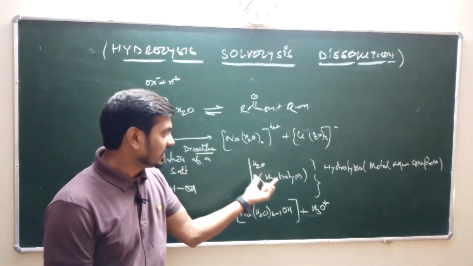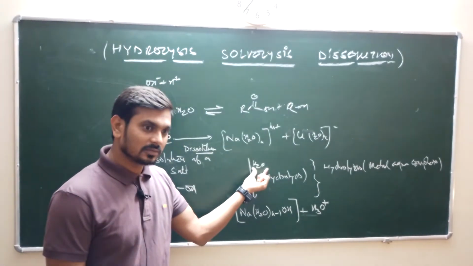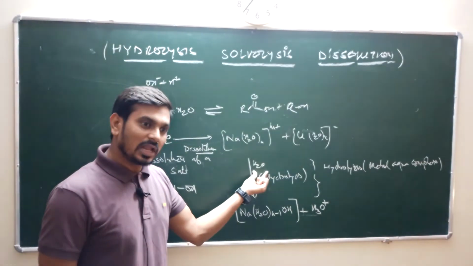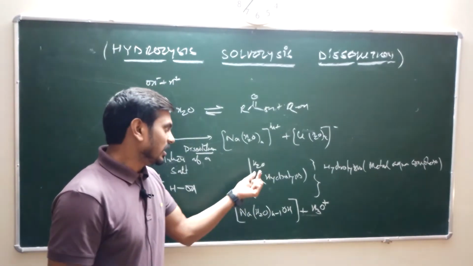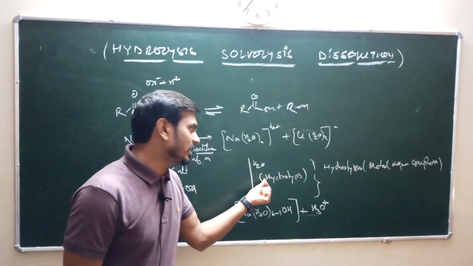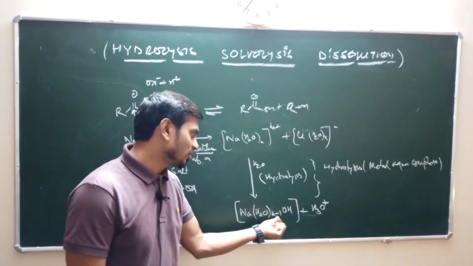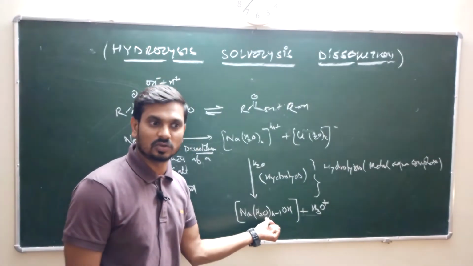What happens here when you add this H2O molecule, which will react with this H2O molecule? This will break down. The H part, the proton, will get associated with another water molecule, and the OH will remain in this molecule.